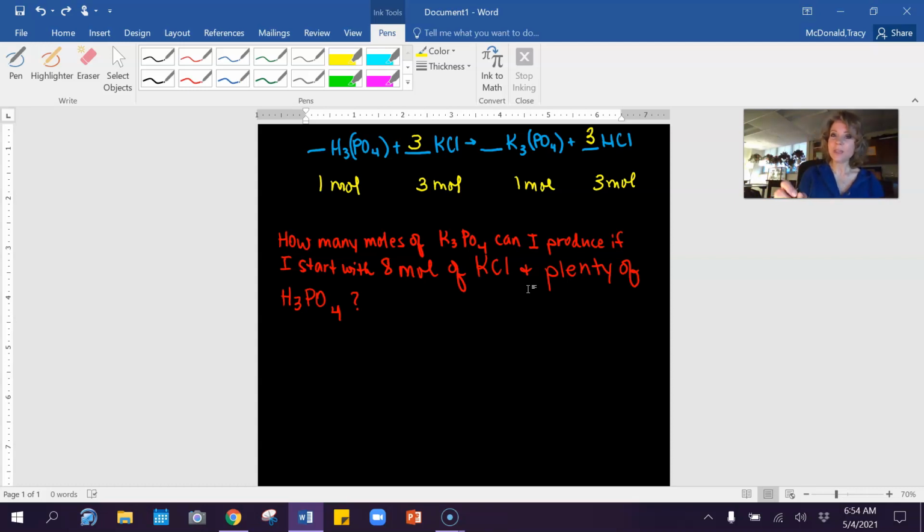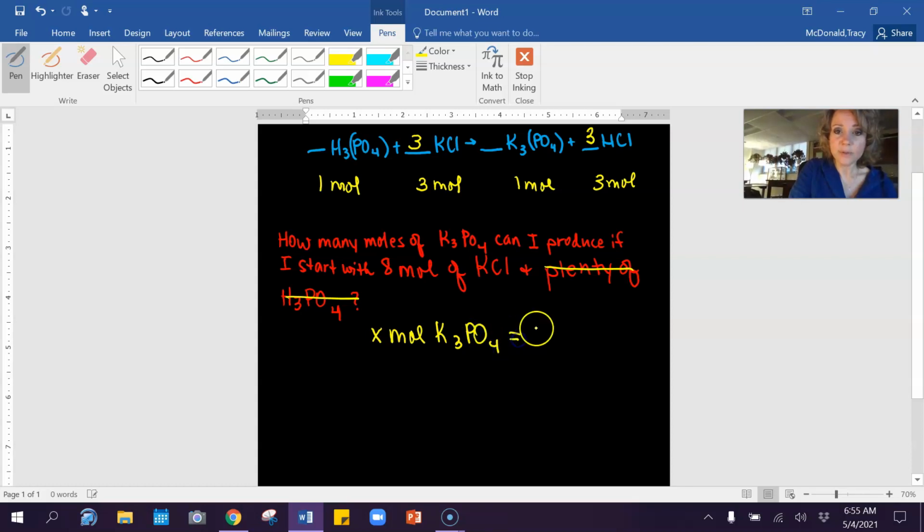But for now, just focus. I'm going to just cross out the part about plenty, because this is something that we don't really need to worry about right now. What we're focusing on is the relationship between potassium chloride and potassium phosphate. And really what we're saying is how many moles of potassium phosphate is equal to 8 moles of potassium chloride.